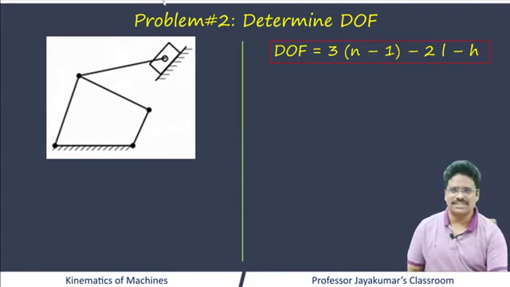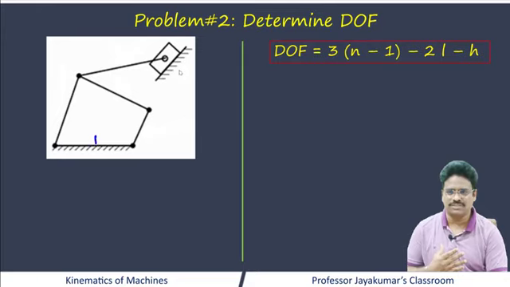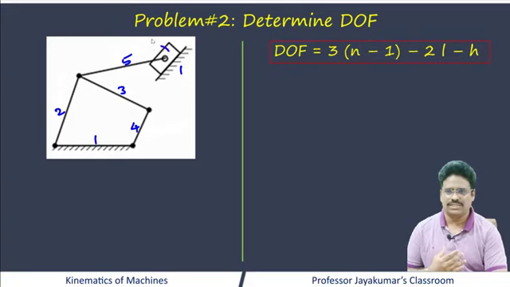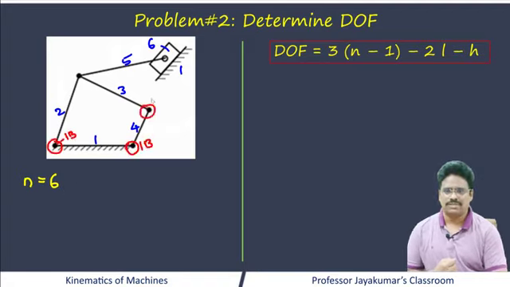As always, let us determine the number of links first. Let me go for the fixed link 1, 2, 3, 4, 5. This slider is number 6. Number of links n equal to 6. Now let us find the number of binary joints. One binary here, one binary here.